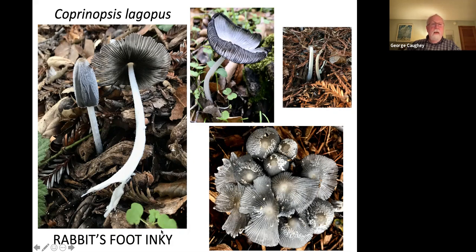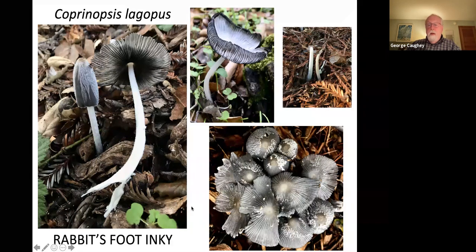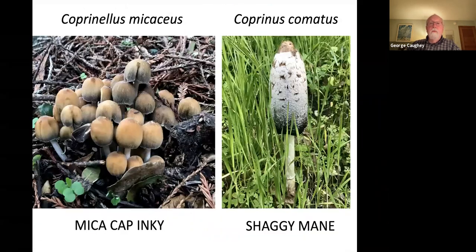But in contrast, it's a very ephemeral species, but very common. The rabbit's foot inky cap. The inky caps are a group that tend to dissolve, auto-digest. But this one often will grow and disappear in one day, and most typically out of wood chips. And often all you will find are these little stalks sitting up because the cap has dissolved itself, has turned into ink. Nonetheless, they're very attractive little mushrooms, very fragile, hard to collect.